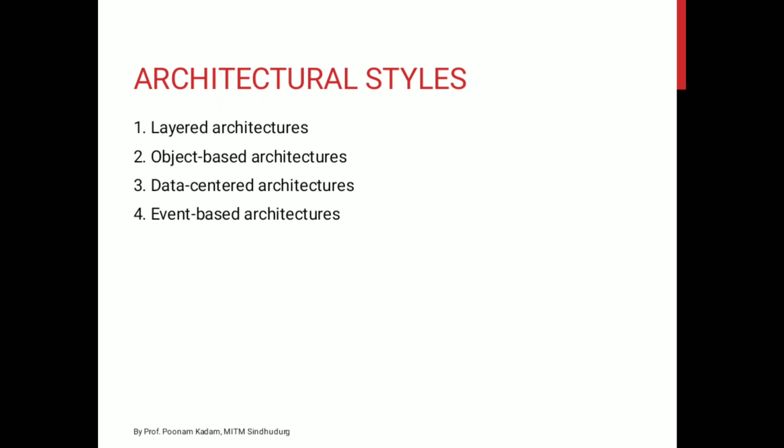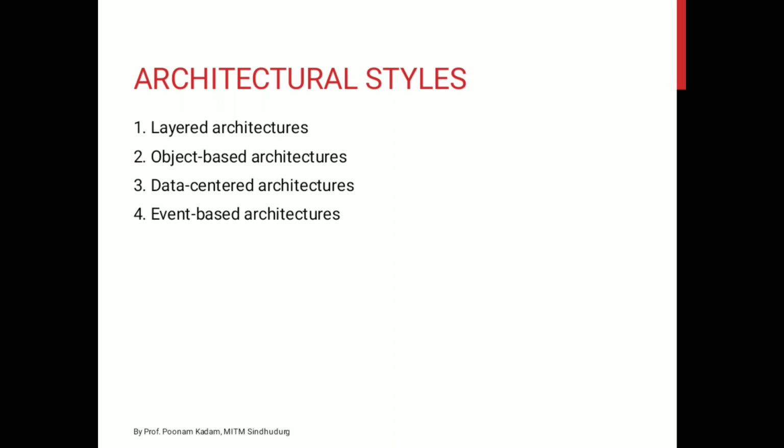Research on software architectures has matured considerably, and it is now commonly accepted that designing or adopting a software architecture is crucial for the successful development of any large distributed system.